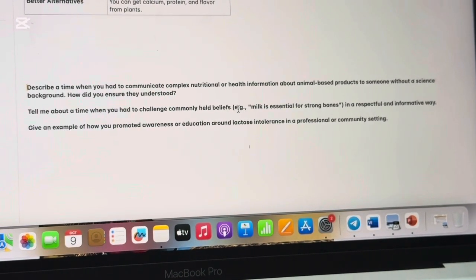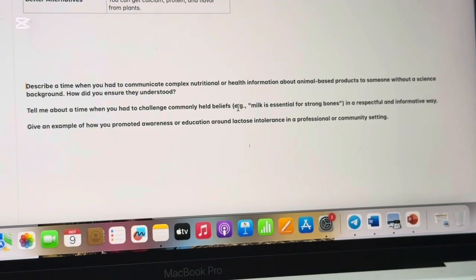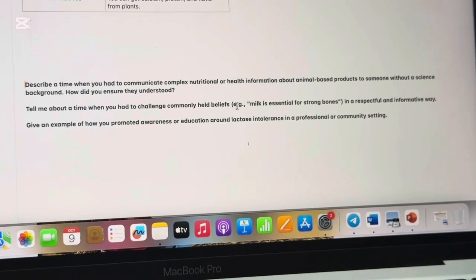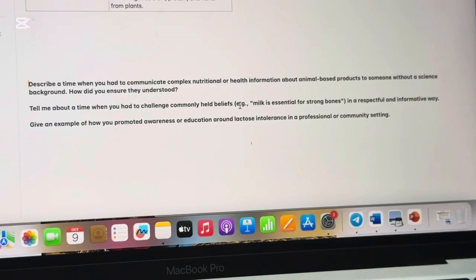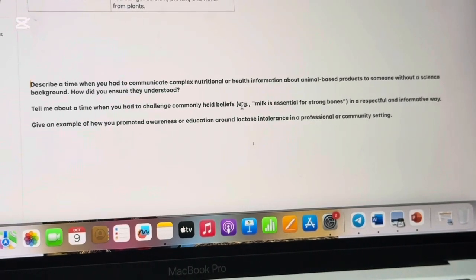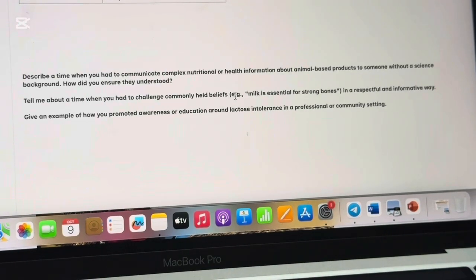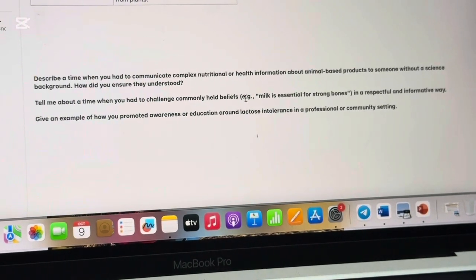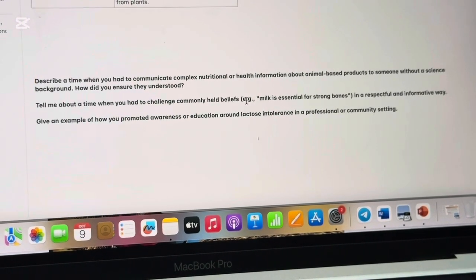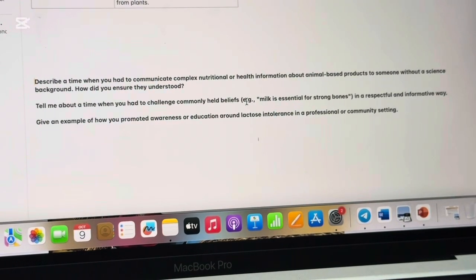Dairy products and milk were heavily commercialized 10,000 years ago, supported by the government, and heavily marketed through industrialization, through magazines, through TV, because it benefited them.